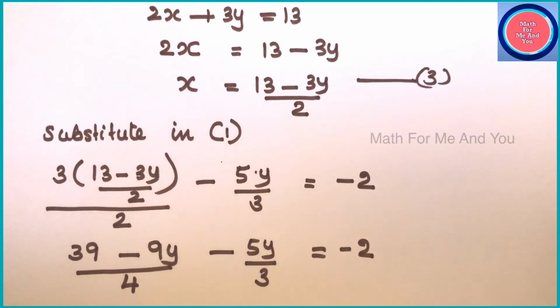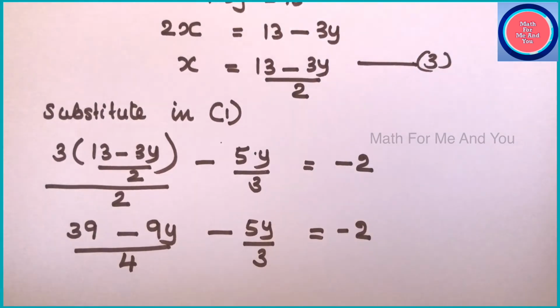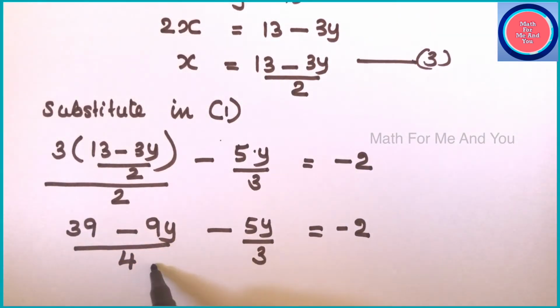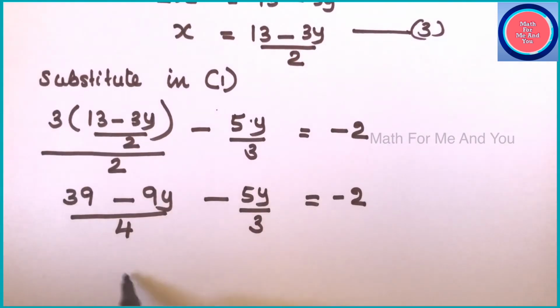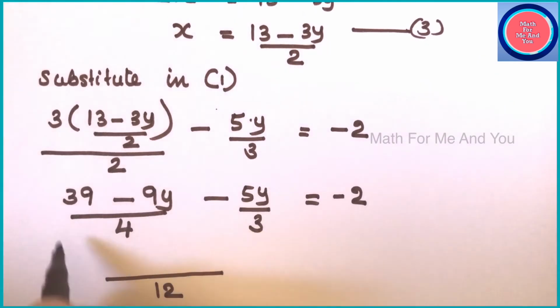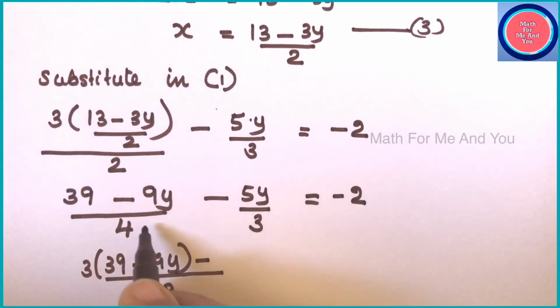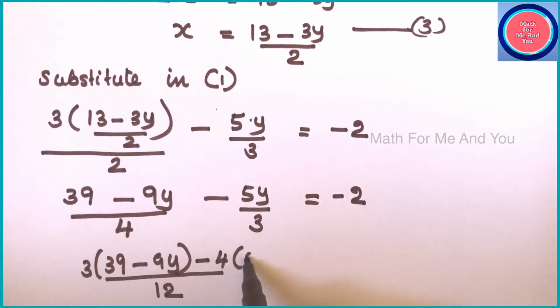Then we can see again two fractions on the left side. We take their LCM as the common denominator and cross multiply to get the numerator. LCM is 4 times 3, 12. When we cross multiply, 3 times 39 minus 9y, minus 4 times 5y. The right side is the same, minus 2.